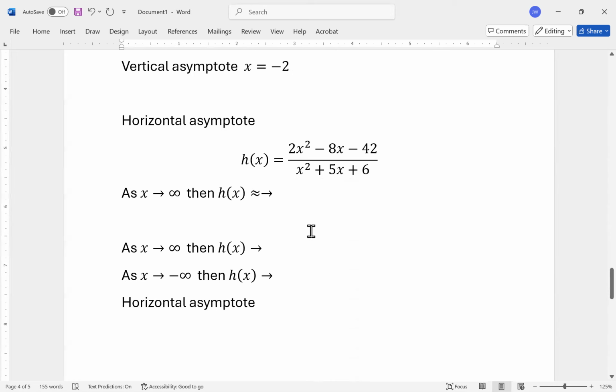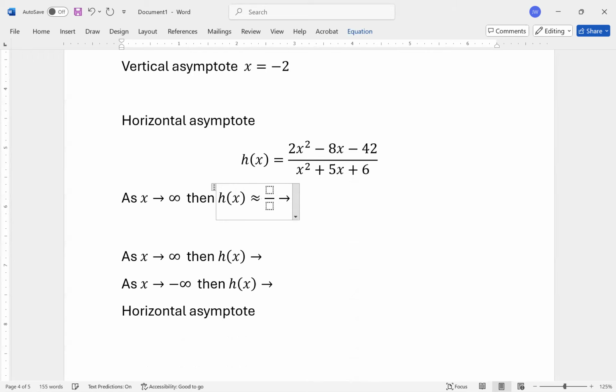Now the horizontal asymptote is a little bit easier on this one. We just look at fastest growth compared to fastest growth. We compare 2x squared to 1x squared. X squared over x squared cancel out, and we just get a 2.